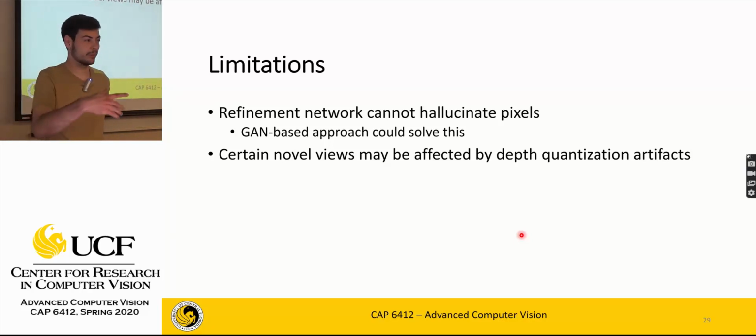As stated in the presentation on Tuesday, there are GAN-based approaches to better hallucinate these pixels, but that in itself defines new problems like having to define what objects are potentially in the scene, whereas this paper can be applied to any real-world scenario. In addition, the novel views are affected by depth quantization artifacts, meaning that it can be difficult to define what the depth values are along edges, and this creates artifacts.